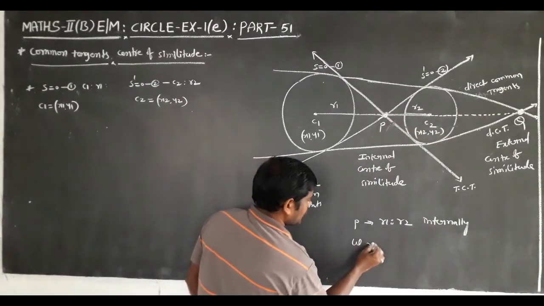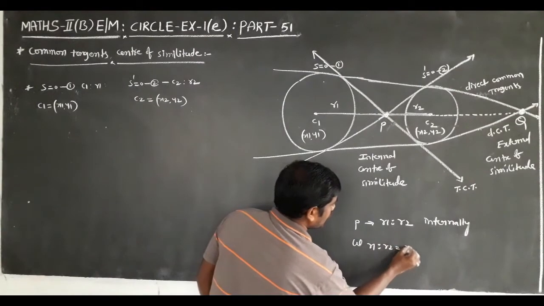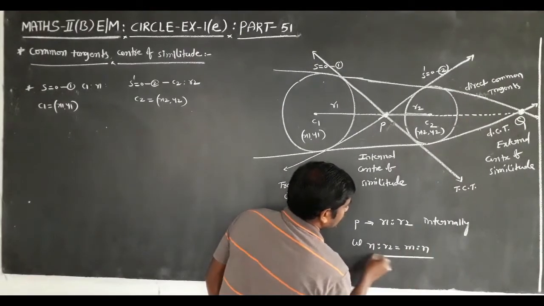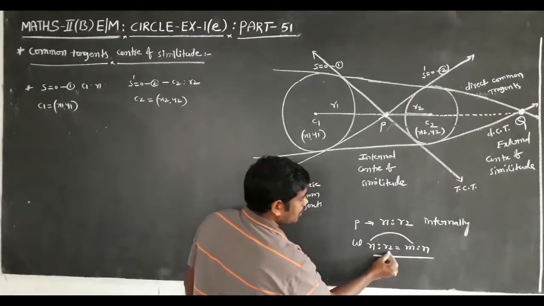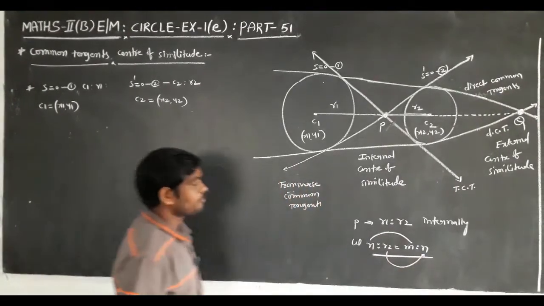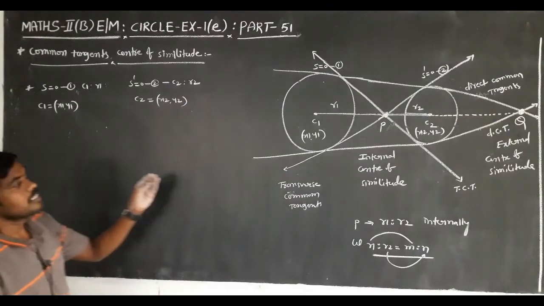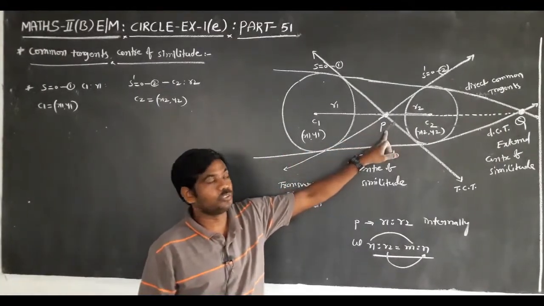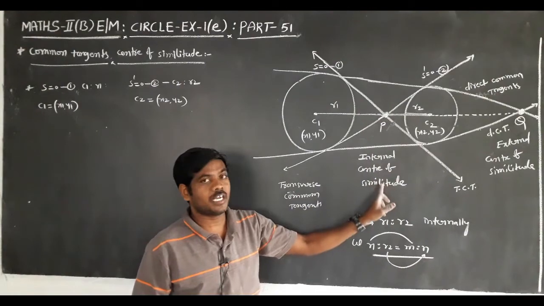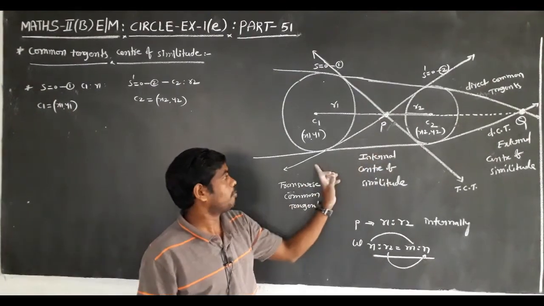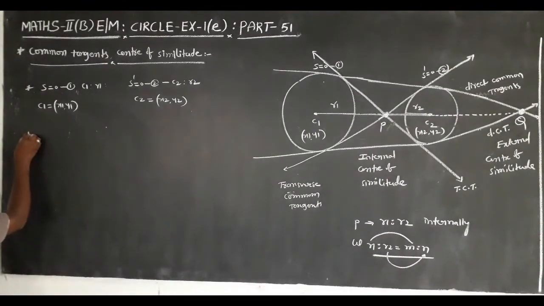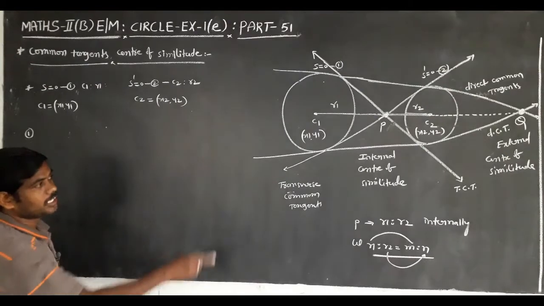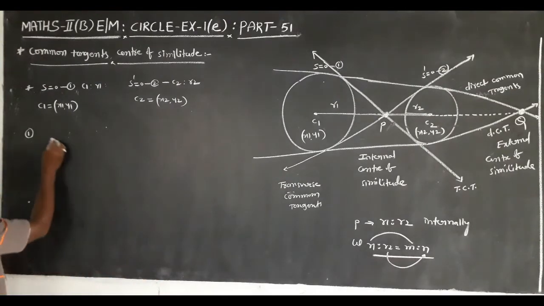Let R1 is to R2 is equal to M is to N. Let R1 is equal to M, R2 is equal to N. The internal center of similitude means the point of intersection of the transverse common tangents.